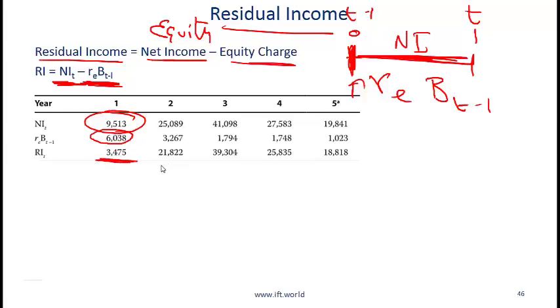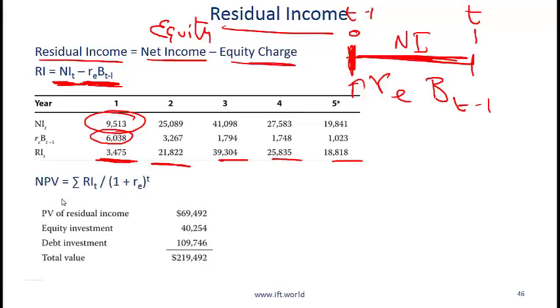The story looks good here because throughout, the residual income is positive. How do you find the NPV of this project? You simply take all the residual incomes and discount back at the cost of equity. That is the fundamental point over here.